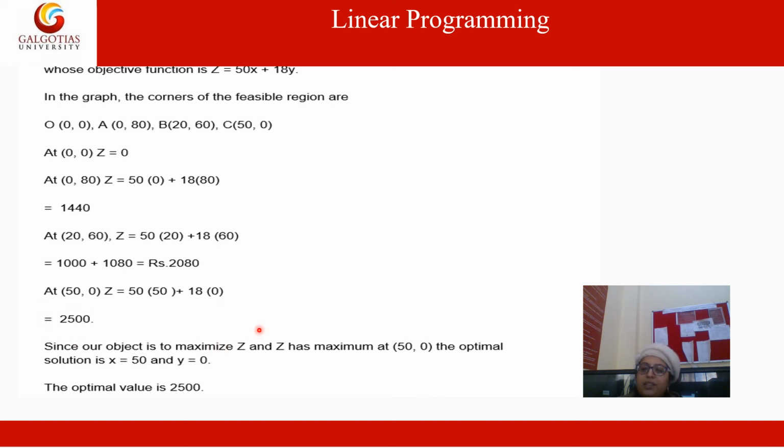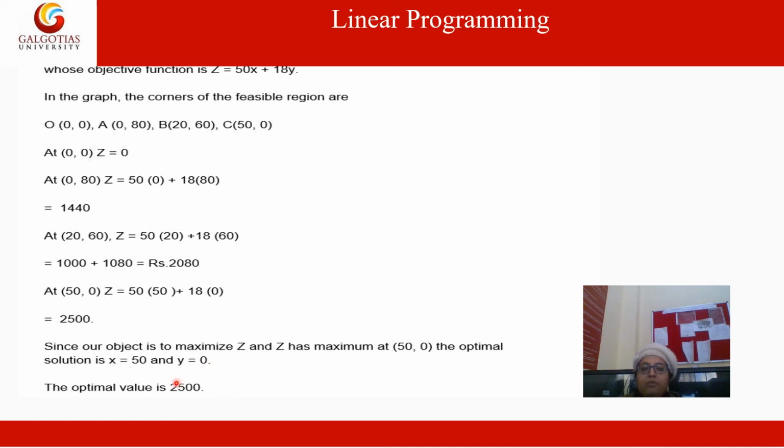Now in this question we want to maximize the profit and minimize the cost. So maximizing the profit will be at that point where we are having the value of x equals to 50 and value of y equals to 0.